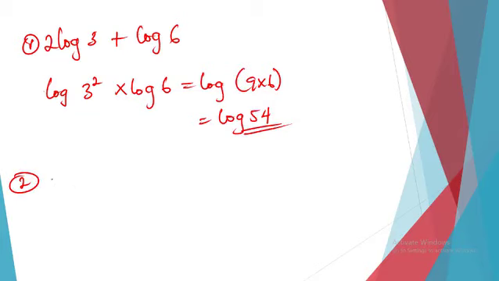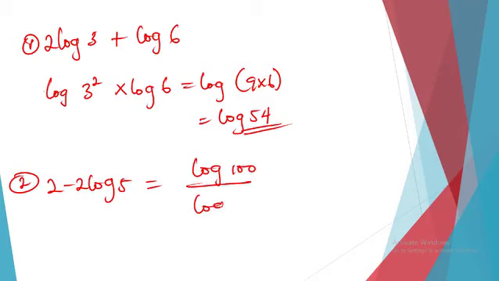Assuming we are given, let's say, 2 minus 2 log 5. What do we do? We have this to be equal to log 100 all over log 5 squared. Is that correct? Remember, I told us when we are dealing with minus, it means we are dealing with division. Minus and division are the same, while when you're talking of multiplication, then it is addition, and vice versa.